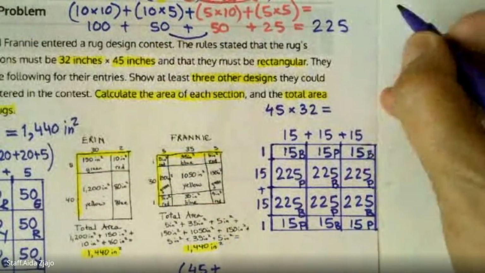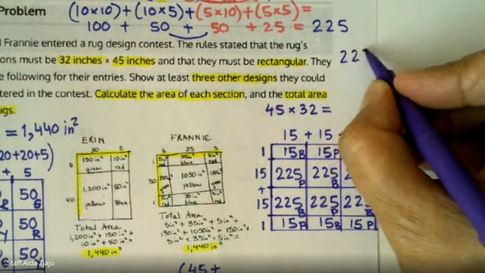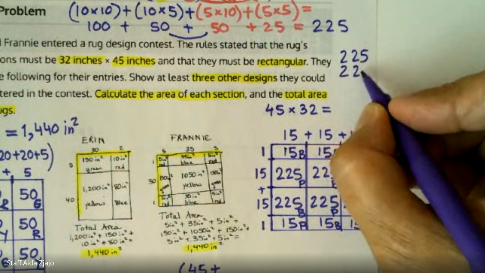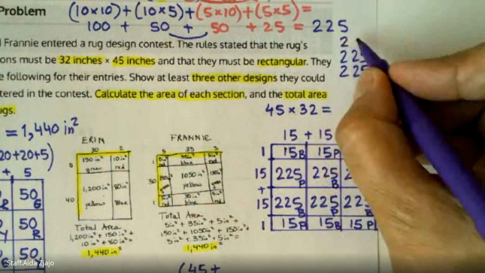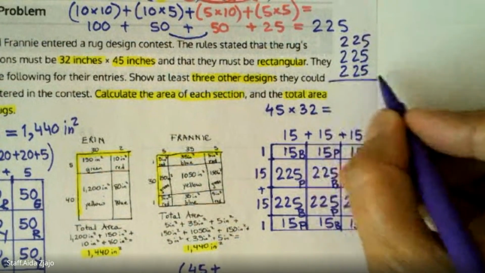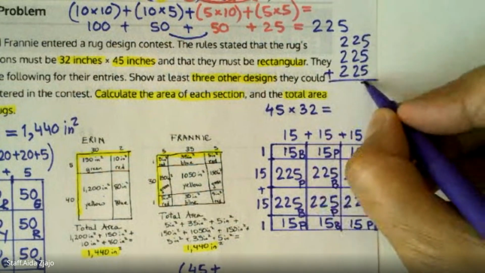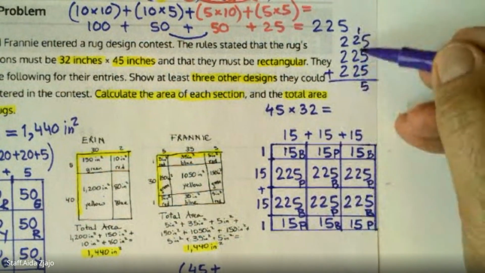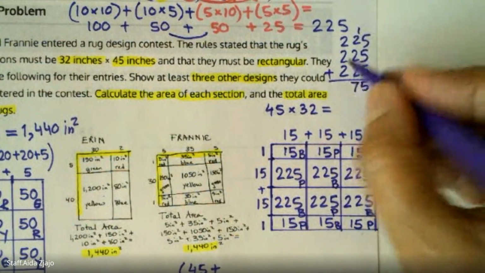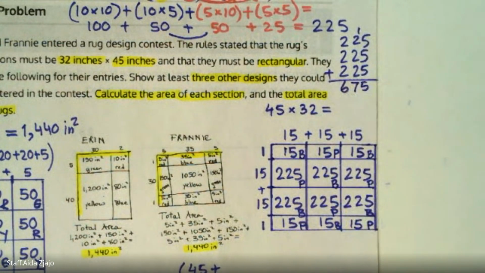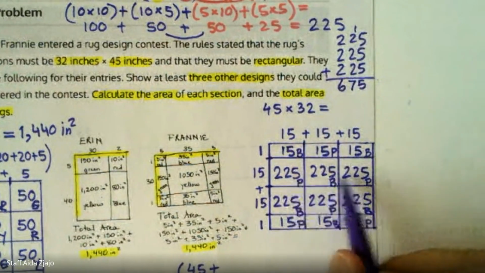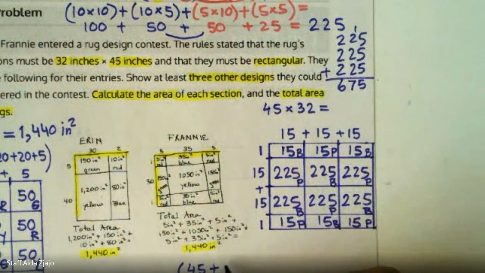Okay, 225 plus 225 plus 225. I'm going to add them up. 6 plus 1 is 7, and that is 675. So these three 225s are 675, plus this is also 675, and then this 3 is 45.